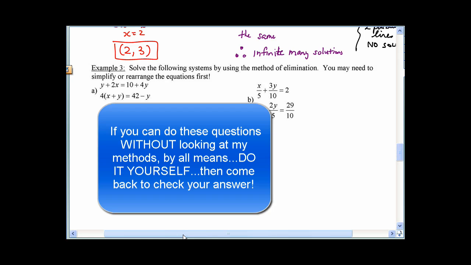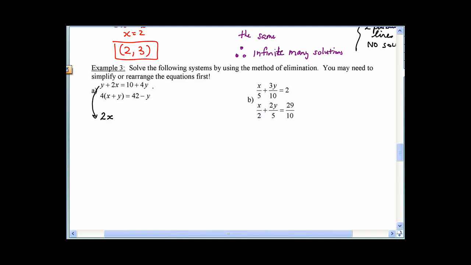Okay, the goal is to have both the x and y's on one side. So, taking this equation, I'll rearrange it with 2x in the front. y minus 4y is minus 3y equals 10.